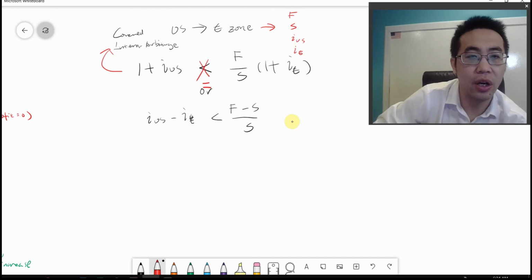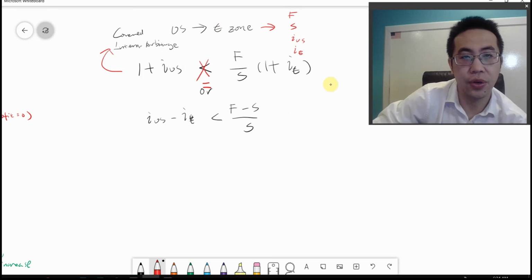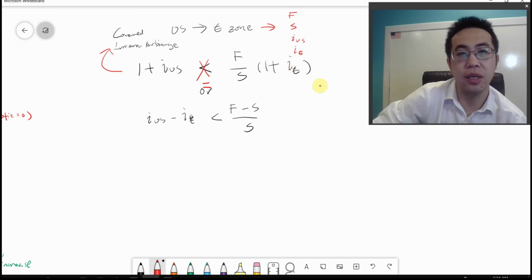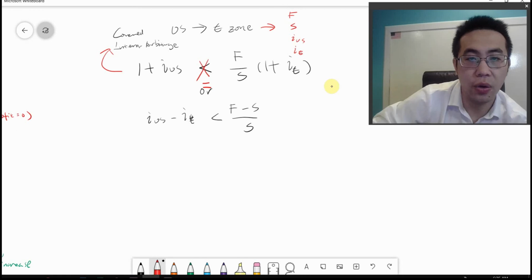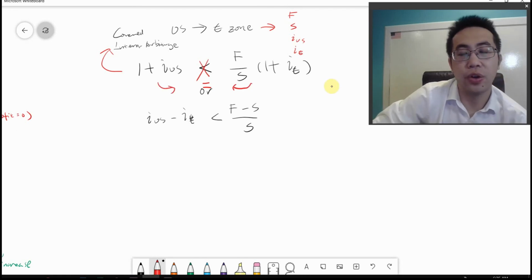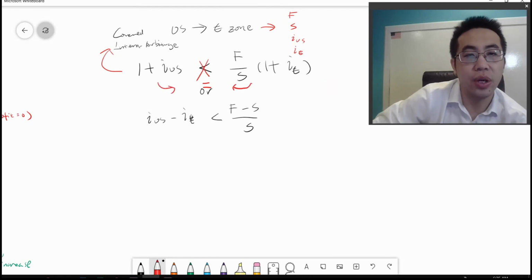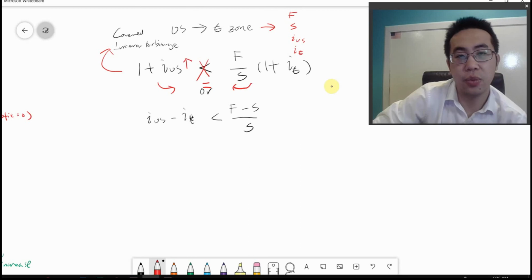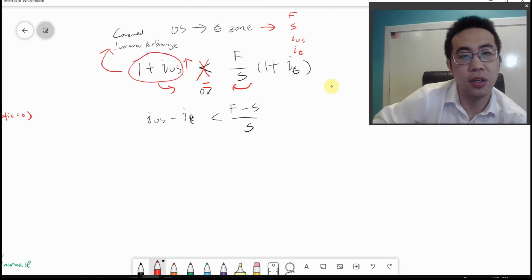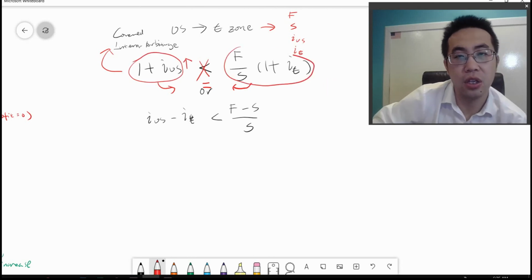So in order for the two sides to match, the smaller part has to become greater, and the larger part has to become smaller in order to reach the equilibrium. In order for that to happen, the U.S. rate will increase. The left-hand side will need to be greater. Then the right-hand side needs to be smaller.